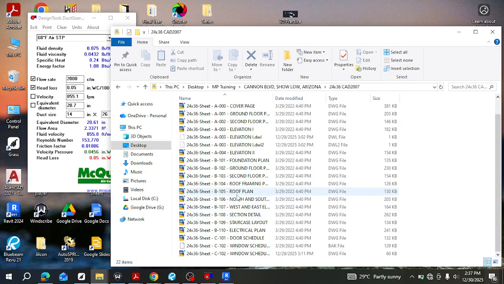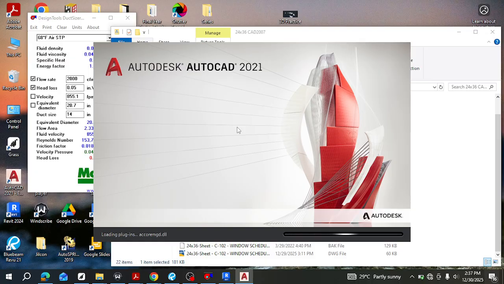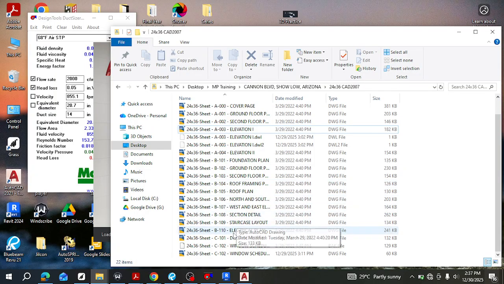So let's look at an elevation plan. Okay, let's look at elevation one. Elevation is just the side profile of the building to show you north, south, east, west, right?